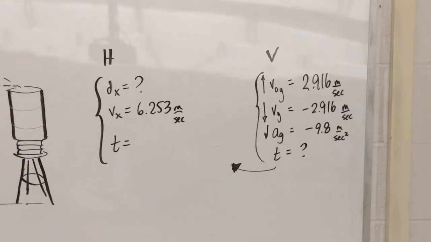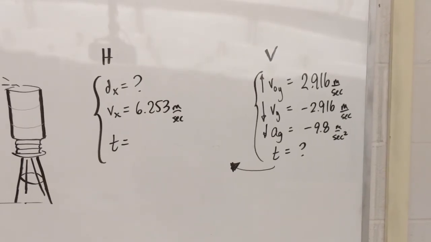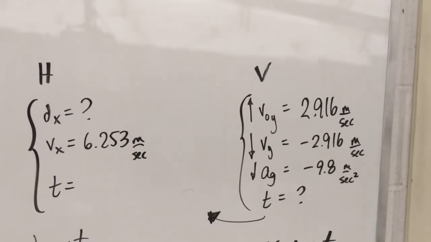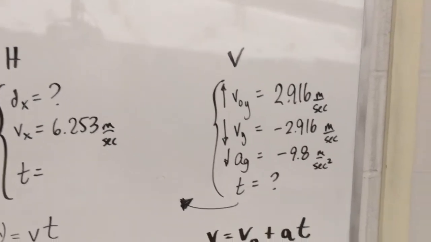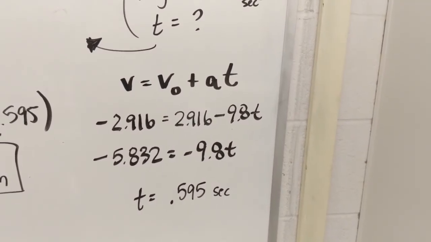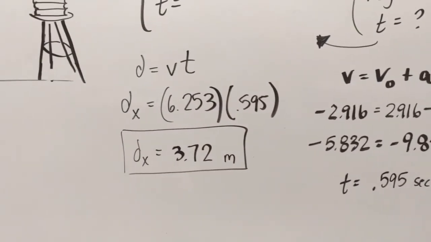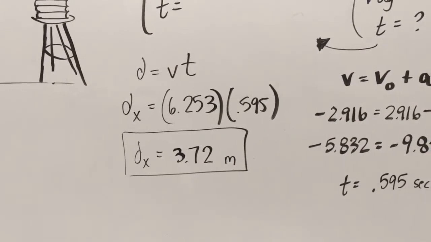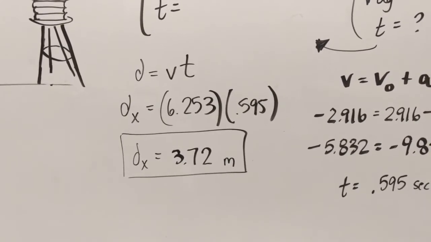Now we can solve for the time and use it to find the horizontal distance. Here we've used the information given to find the amount of time it will take for the ball to enter the target and the distance away from launch that the target will be horizontally, which is 3.72 meters.